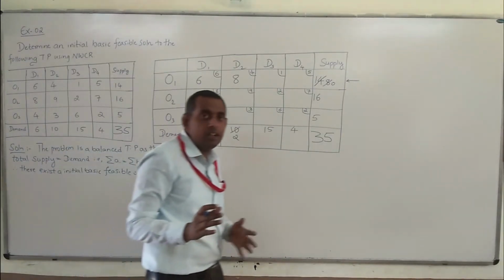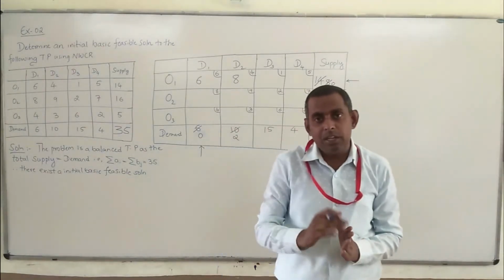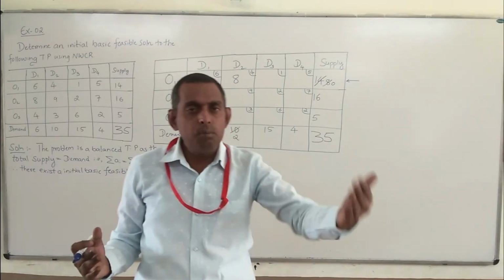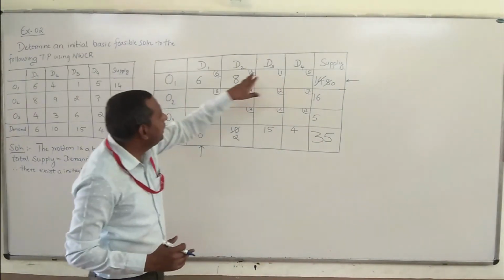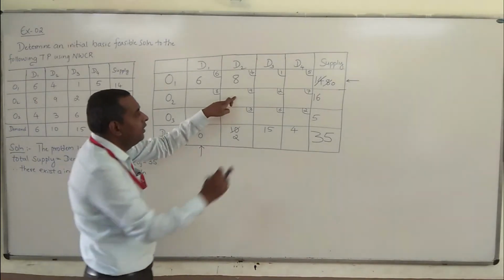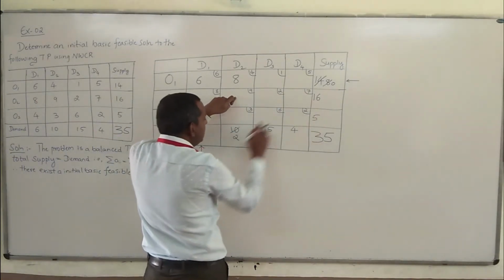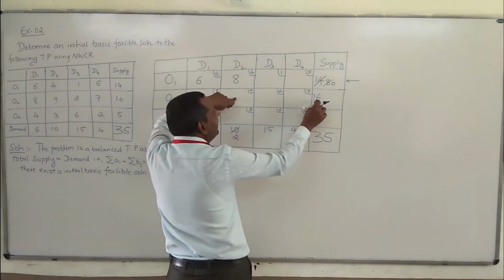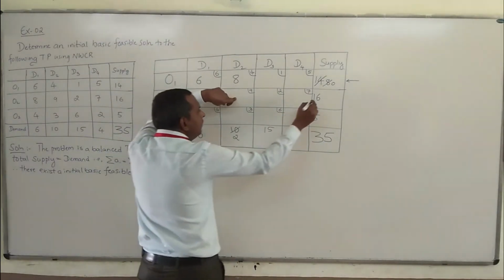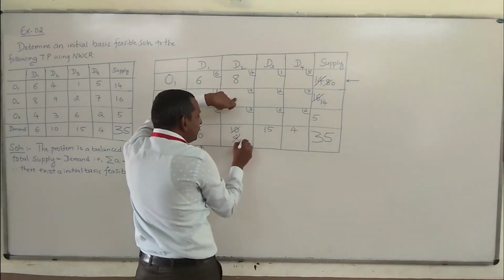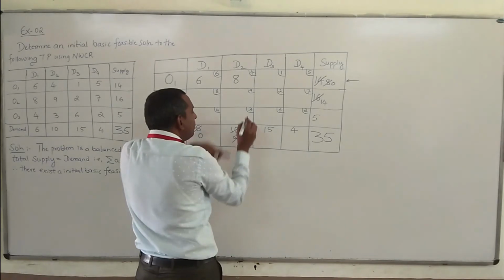It is clear that if a column gets exhausted, come to the next column, and if a row gets exhausted, come to the next row. Now the row got exhausted, so come to the next row. Check the demand and supply. Here demand is 2, supply is 16, which is greater. So 16 minus 2 is 14, and 0 here. This column got exhausted.